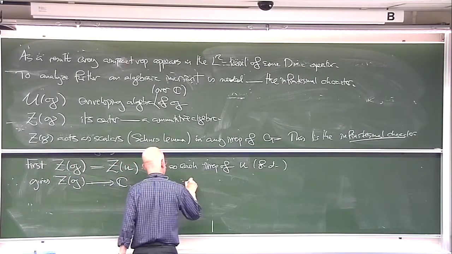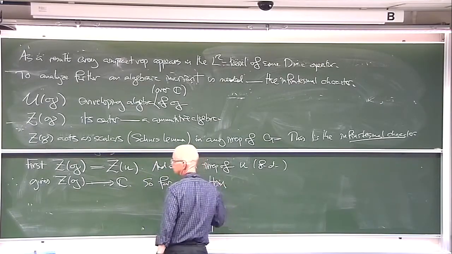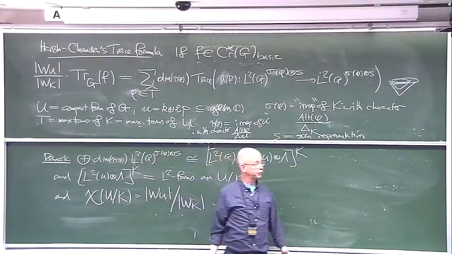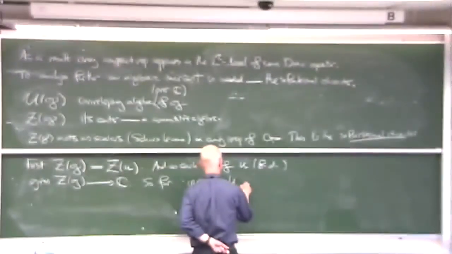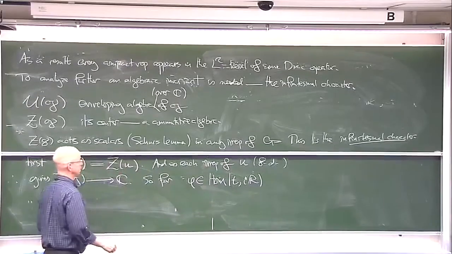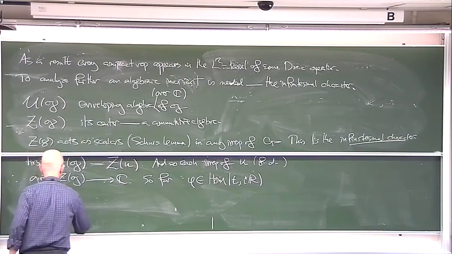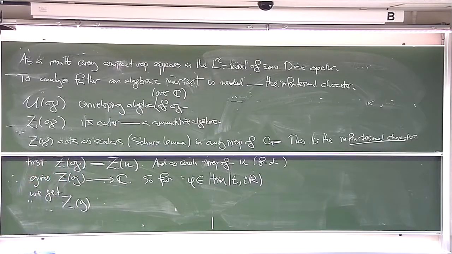So if I have one of these phi's, which is a character of T, and I take its infinitesimal version, which is now a Lie algebra homomorphism from T into the Lie algebra of U1, I get some character.